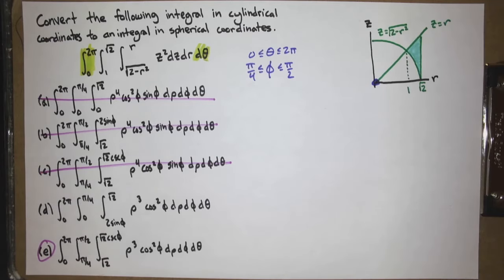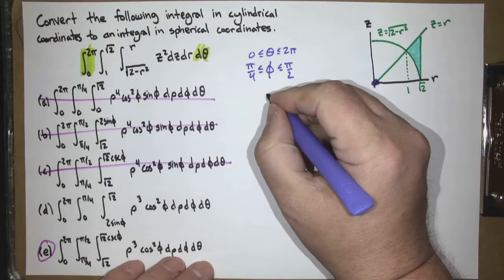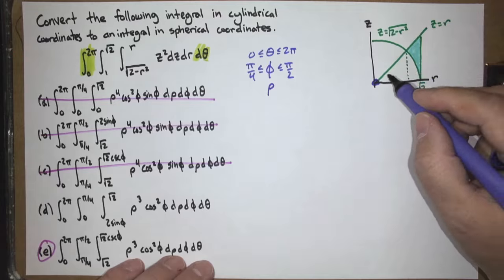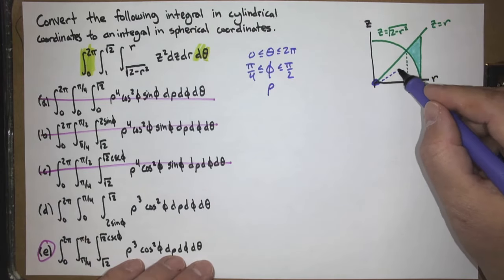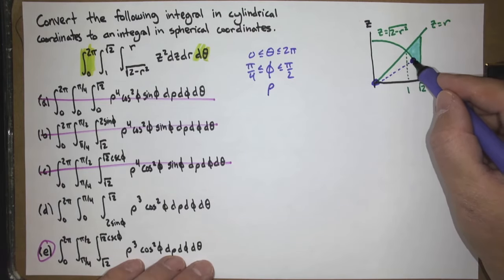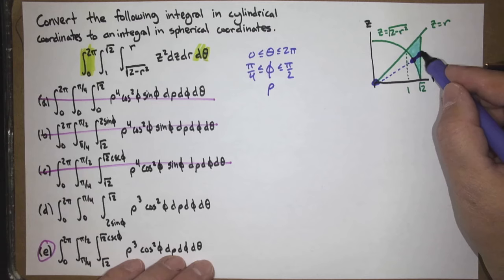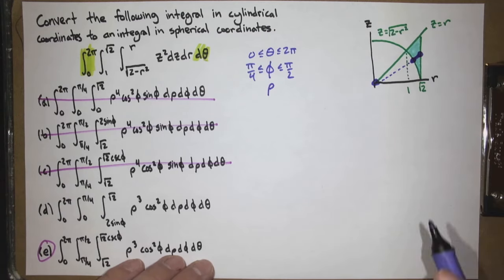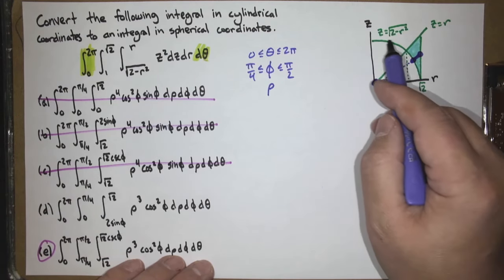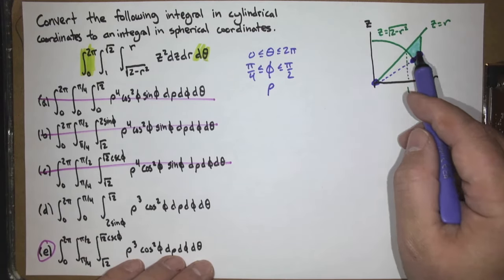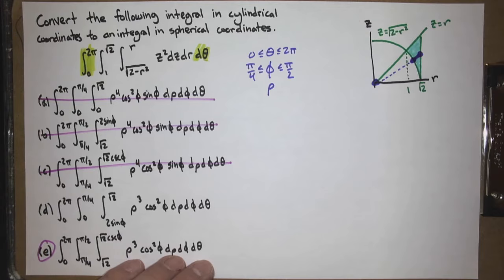Okay. Well, what about rho? So rho, you come out from the origin. You think about where we start hitting our region and where we stop hitting our region. We start on this piece of the circle, but this is really a slice. So what is that circle really representing?